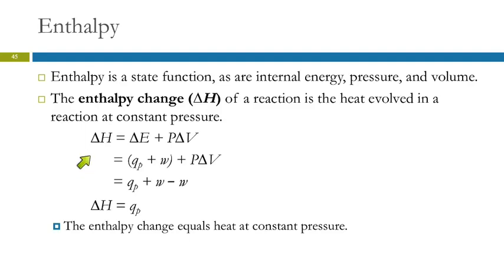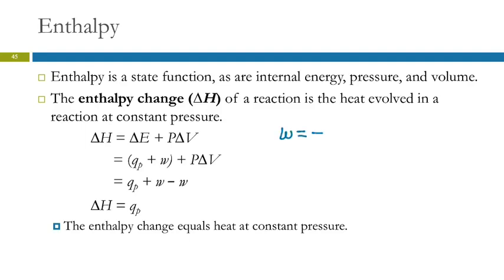So we had H equals E plus PV. So then delta H is delta E plus P delta V. Well, delta E, we said, was Q plus W, right? The change in internal energy is the heat plus the work. And what does W equal? Negative P delta V, right? This isn't constant volume. The volume's allowed to change.